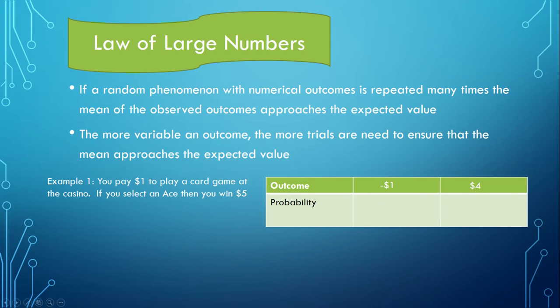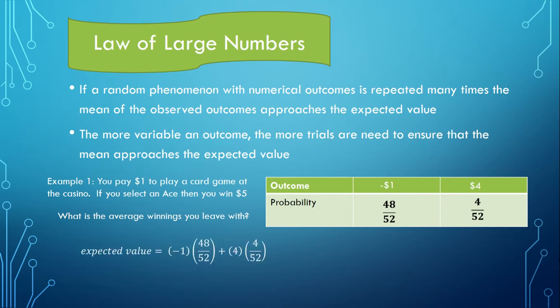So now let's look at the probabilities. There's 4 aces, so that means there's 48 not aces. So I'm going to lose the dollar 48 out of 52 times, and I'm going to win the $4, 4 out of 52 times. What is the average winnings that you'll leave with? Well, that's a fancy way of saying what's the expected value.